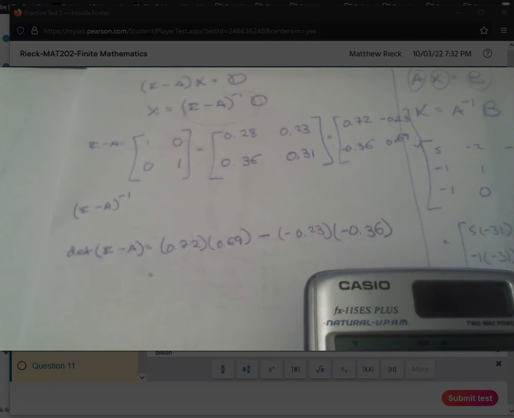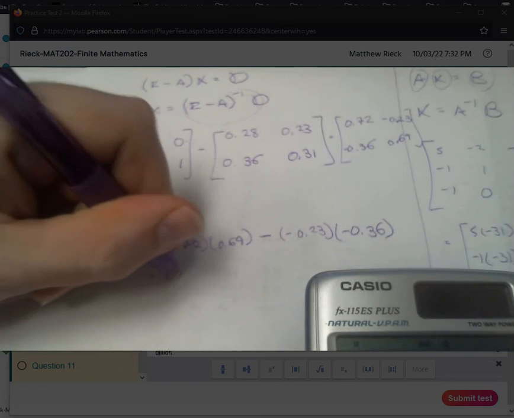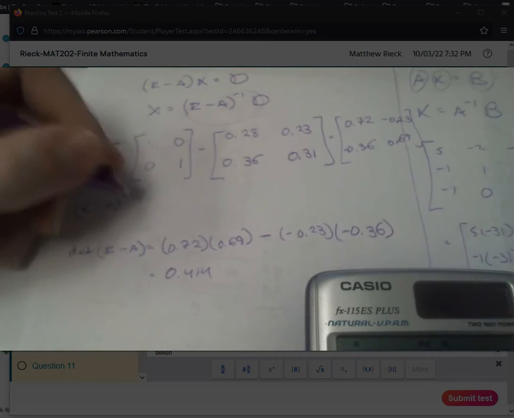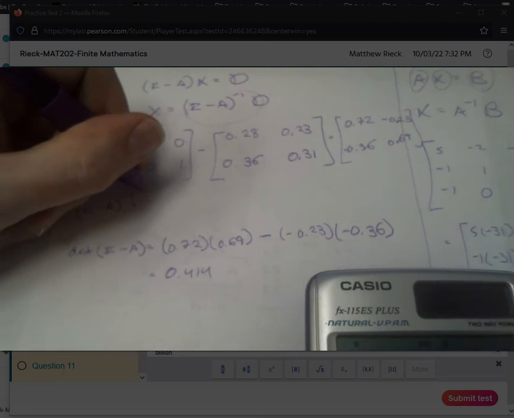So 0.72 times 0.69 minus negative 0.23 times negative 0.36. So we have 0.414.